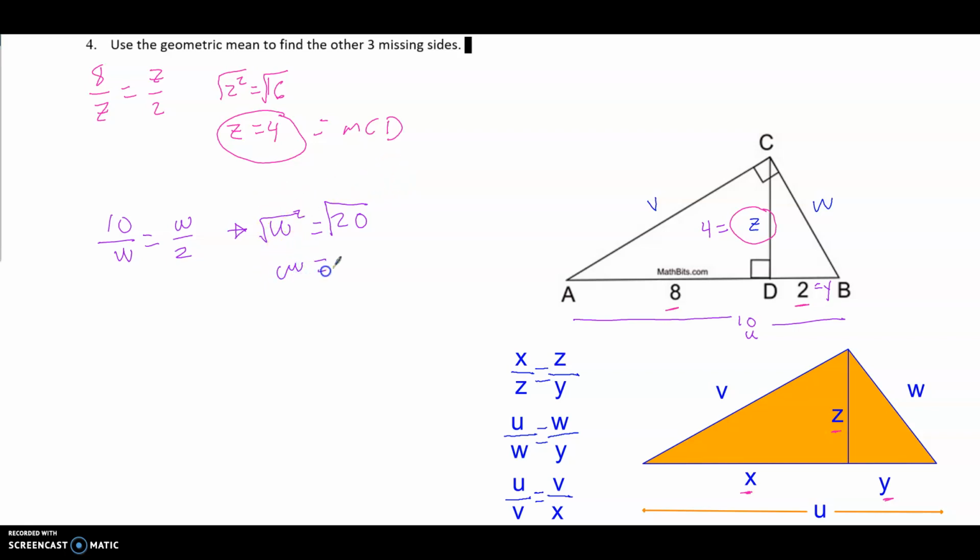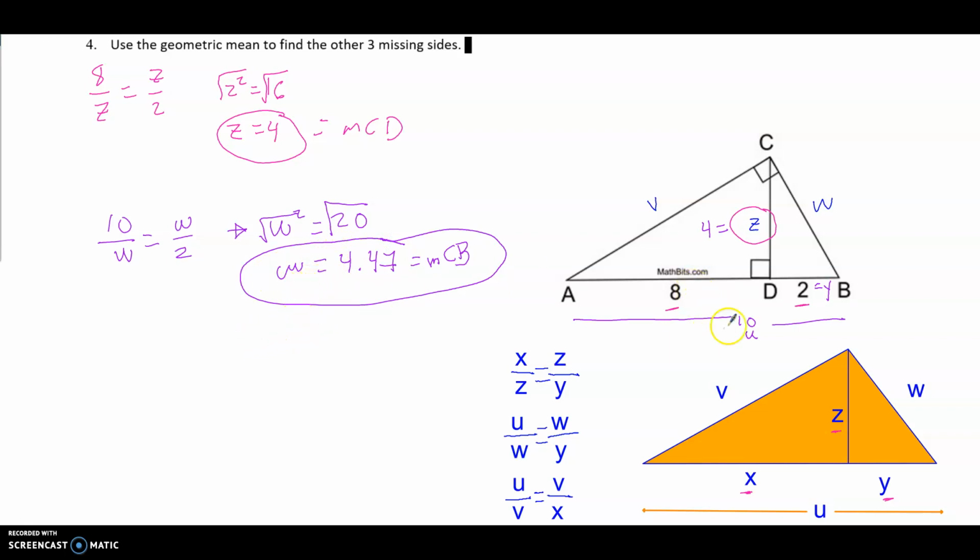So W is approximately 4.47, or CB in this case. So the measure of CB. And ignore my W. My pen just likes to do an extra swiggle or something.